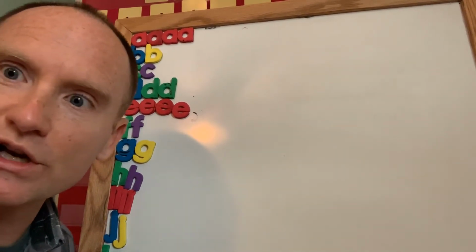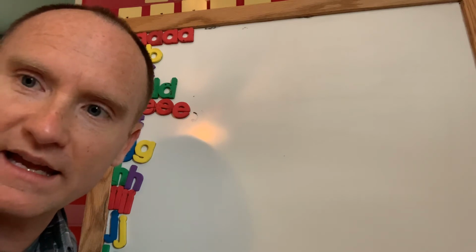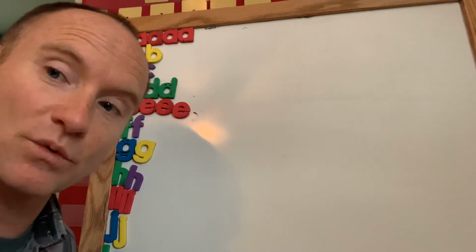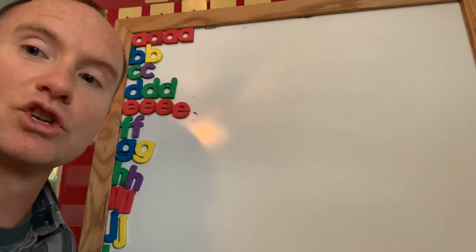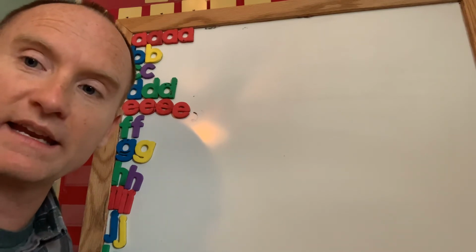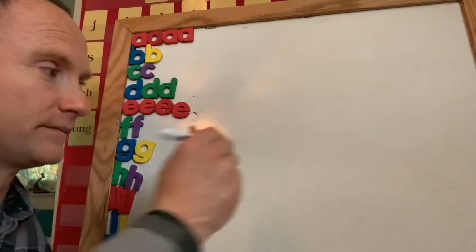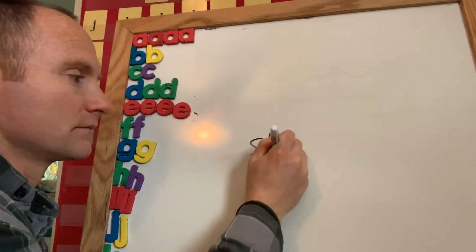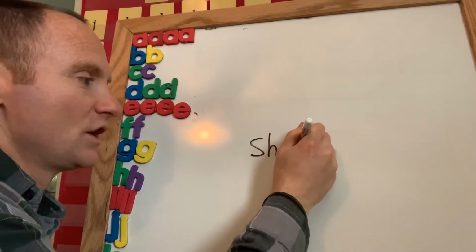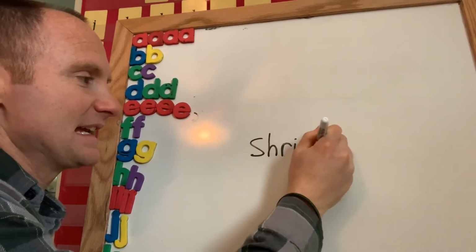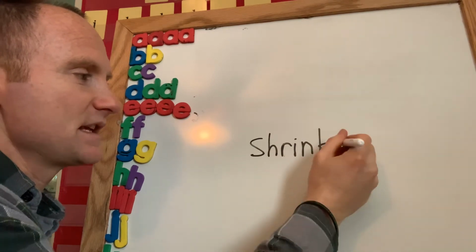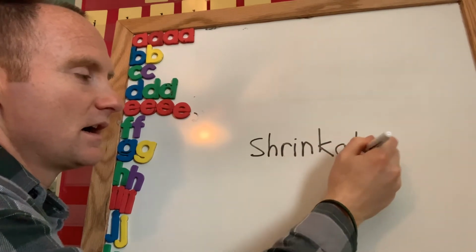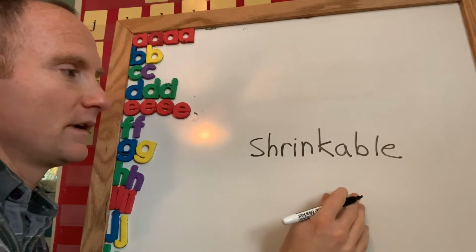We're going to try the word shrinkable, okay? Now, this has a suffix, so what's my base word? Shrink, okay? Now go ahead and pause it and try shrinkable. Ink, right? There's that glued sound. Able, okay?